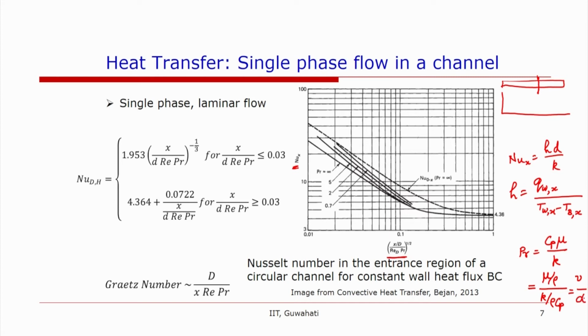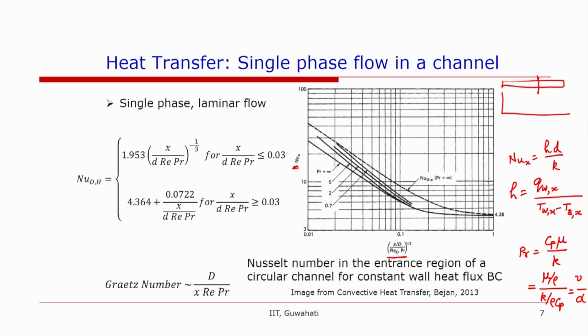So, the Prandtl number is the ratio of momentum diffusivity and thermal diffusivity. So, the non-dimensional number that is important in this case is x over d Re Pr, and this Prandtl number is a function of the property of the fluid only.